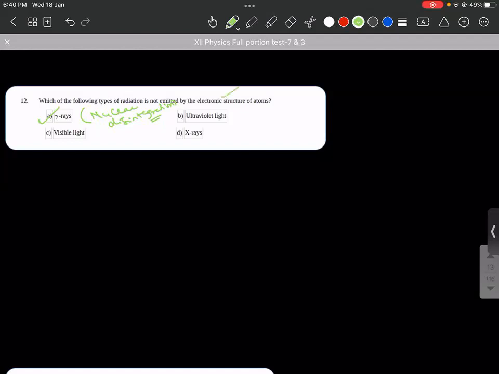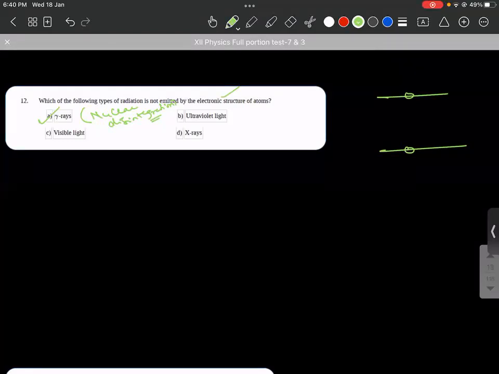Whereas when you talk about electronic structure of atom, what happens is there is a transition taking place for an electron from one level to another. Right?